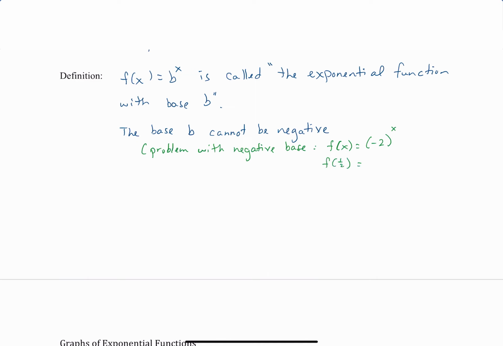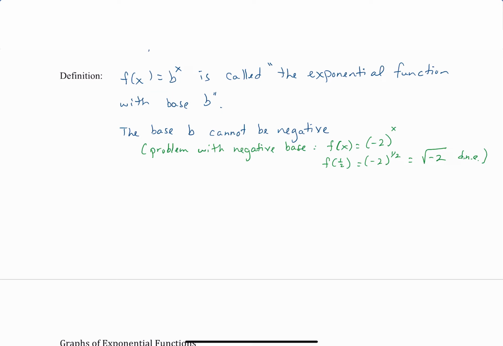Well, that would be negative 2 to the 1/2 power, but remember, 1/2 power is a square root. So if we have a negative base, there's a problem where we might end up needing to square root a negative, and we can't do that, right? This square root of negative 2 does not exist, or at least it's not a real number. So for exponential functions, we're just going to use positive bases so that we don't run into that problem.